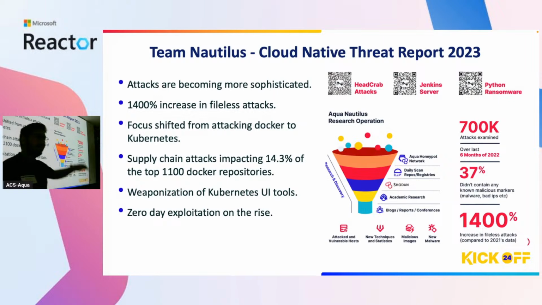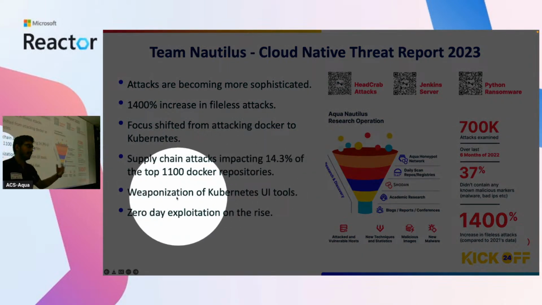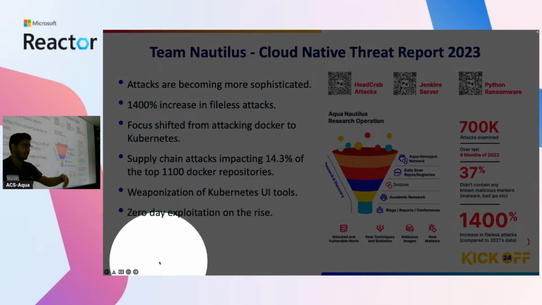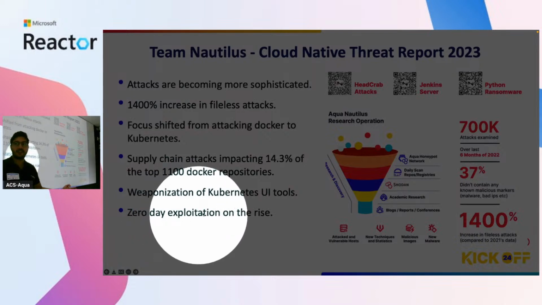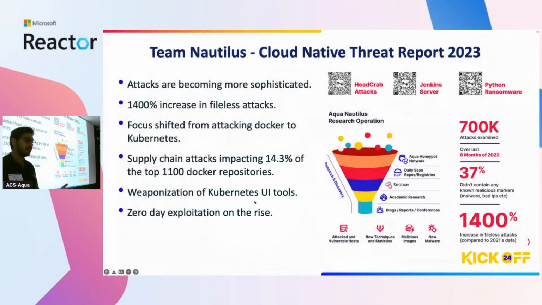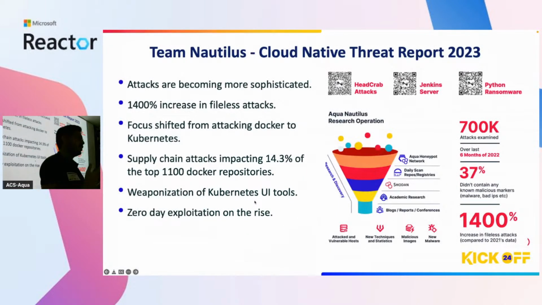When I look at the previous slide, where a large chunk comes from open source, and at this statistic, we can see there is a lot of threat coming from the supply chain perspective. They are weaponizing the UI tool for Kubernetes to access backdoors into the infrastructure running applications. And we see a lot of zero-day exploits on the rise, new unknown threats that can get introduced into a runtime environment where you're actually running the application.